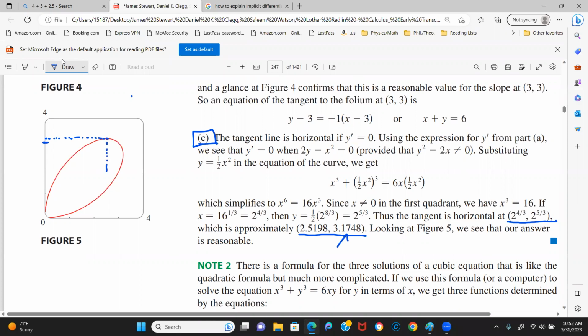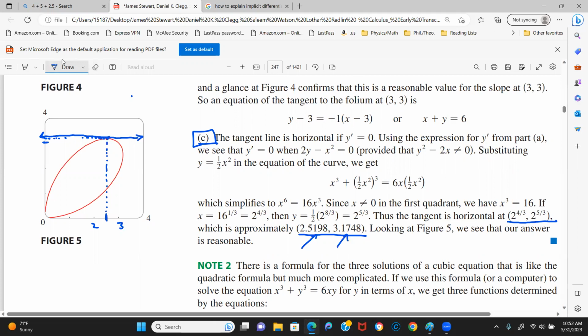If you trace down the x-axis, this would be 2 and 3. Our x coordinate is 2.5, so roughly between 2 and 3. It looks pretty close to being a horizontal tangent right there.